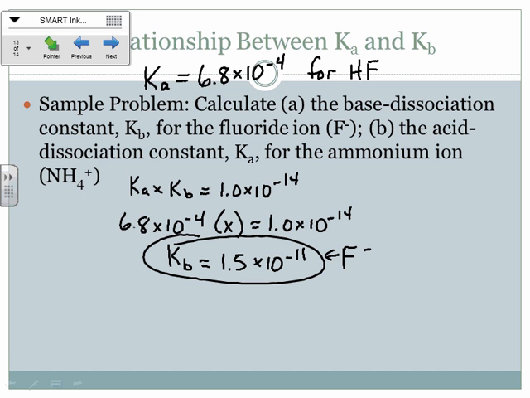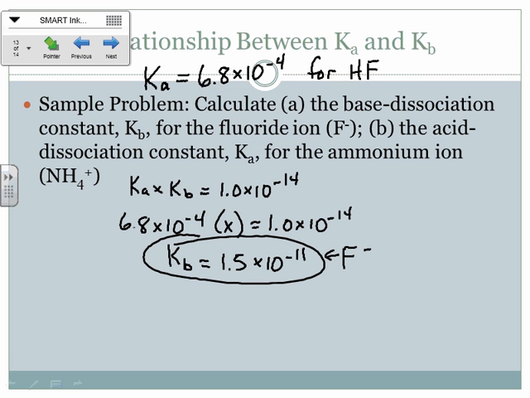Okay? And then the acid dissociation constant, Ka, for the ammonium ion, well, guess what? We're not given the acid dissociation constant for ammonium. What do you think we're given in the book? The Kb for, what's the conjugate base of NH4+? NH3. Okay?